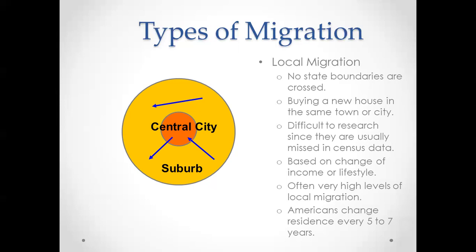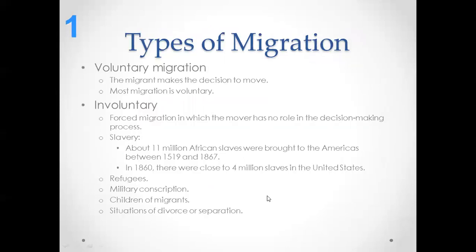So in the case of Americans, okay, most of the time, they change residence every 5 to 7 years. So ganun sila ka adventurous. Okay? Yung iba, of course, because of opportunities na rin. Okay? So, ayan.